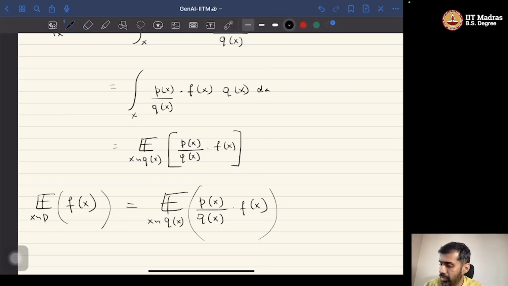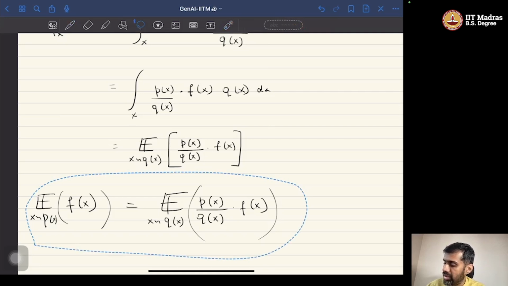An expectation with respect to some density px is now converted into an expectation with respect to some other density qx. All that you need to do is know how to compute the ratio of these two densities, the old density and the new density. Then the expectation with respect to one of the densities of a function can be computed as an expectation taken with respect to the other density qx, given that the function is multiplied by the ratio of these two densities at all points. So this is the result.